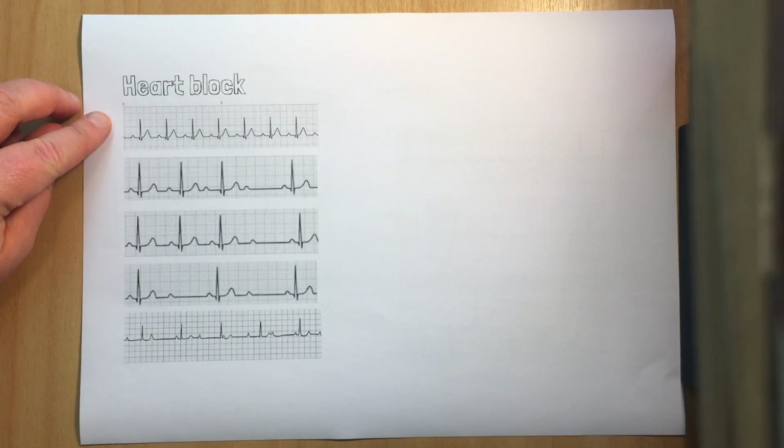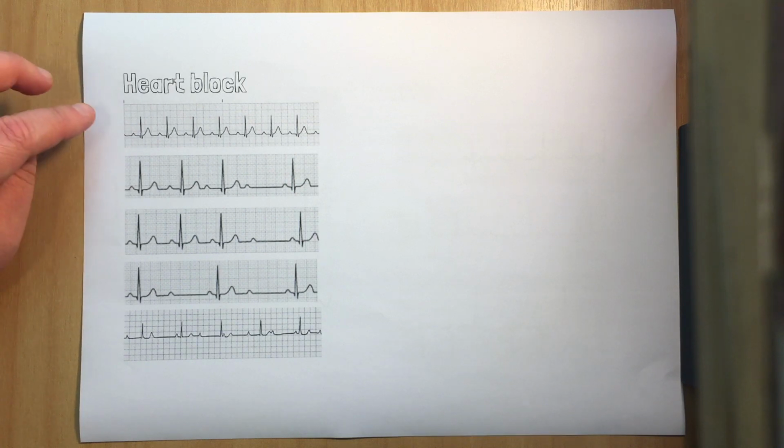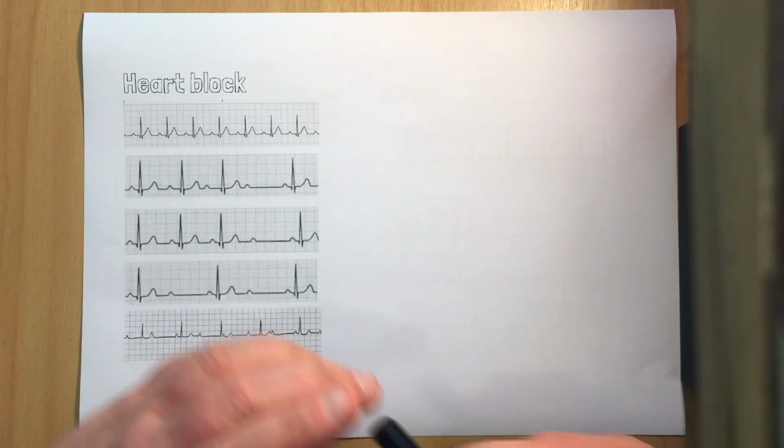So this first one here, at first glance, doesn't look very abnormal at all. And when you're figuring out the rhythm, you probably wouldn't look at this and immediately notice that anything was amiss. But we're going to talk about it here because it's one of the degrees of heart block and it's one to know about.